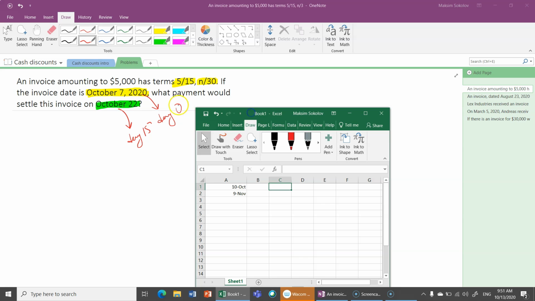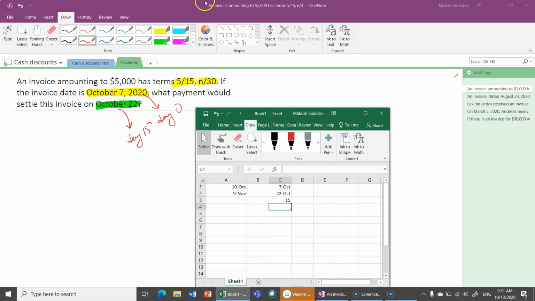Here we can simply enter October 7, and then we can enter October 22nd. And then we can subtract October 7th from October 22nd. So you see, it's day 15.